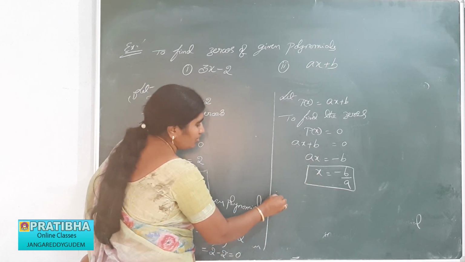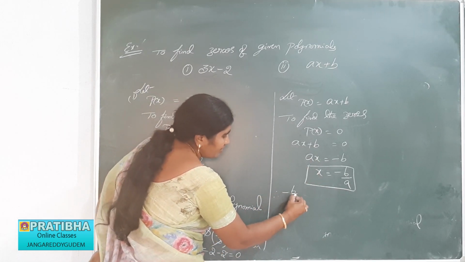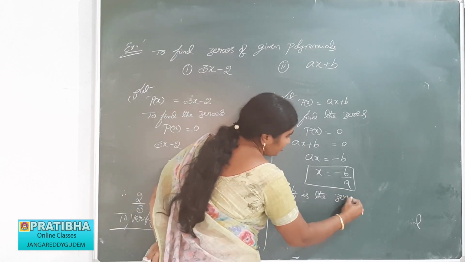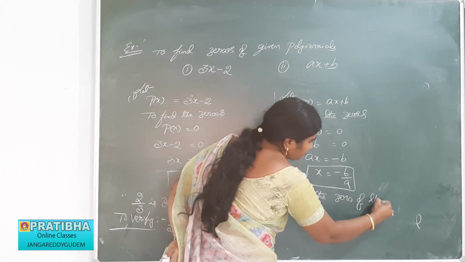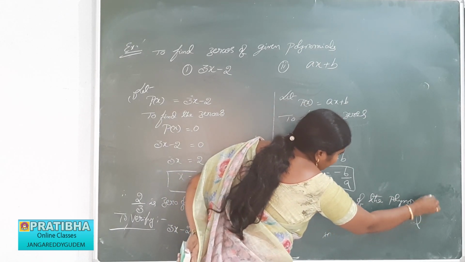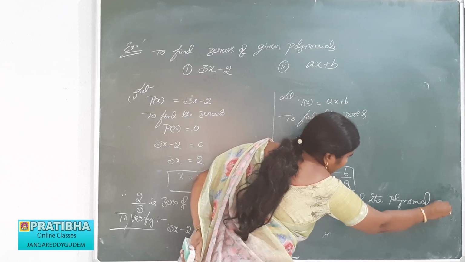Therefore, minus b by a is the zero of the polynomial ax plus b.